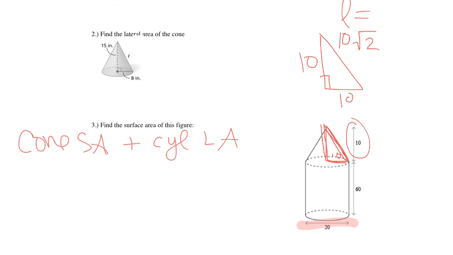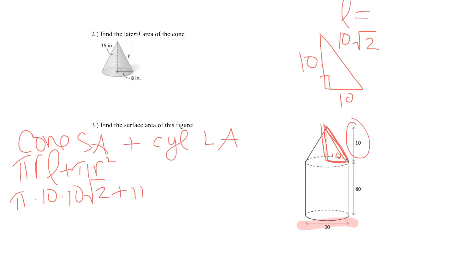Okay, let's see if we can go ahead and jump in and use our formula. So to find the surface area of our cone, it was going to be pi RL, that's the slanty part of the cone, plus pi r squared. All right, let's do that part. So pi times the radius, which was 10, times the slant height, which is 10 radical 2, plus pi times again the radius, which was 10, squared.